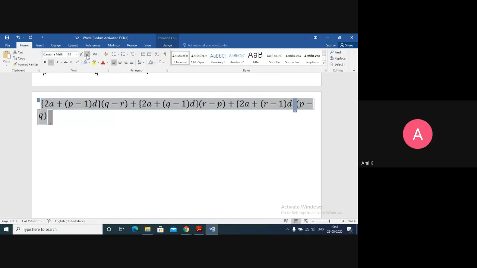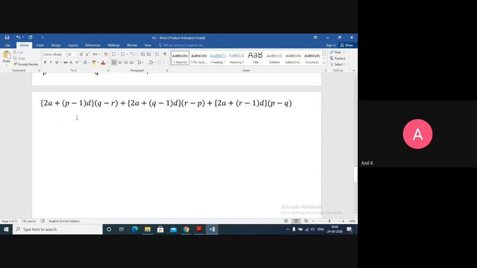Okay. So when you open this bracket, let me decrease the font size a little bit. When you open these brackets, your Q will be multiplied with 2A, then Q will be multiplied with DQP minus DQ, then minus R also will multiply with each and every term here. When you open up these brackets, all the terms will get cancelled and your final answer is going to be 0.